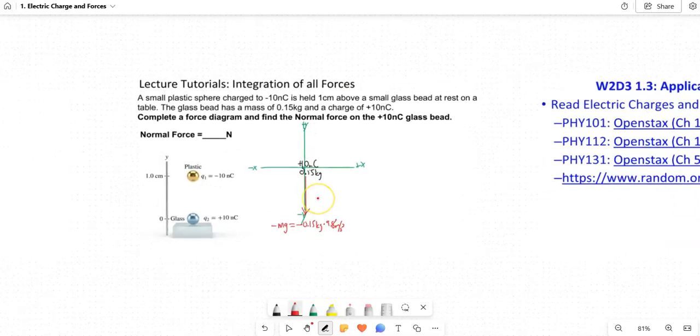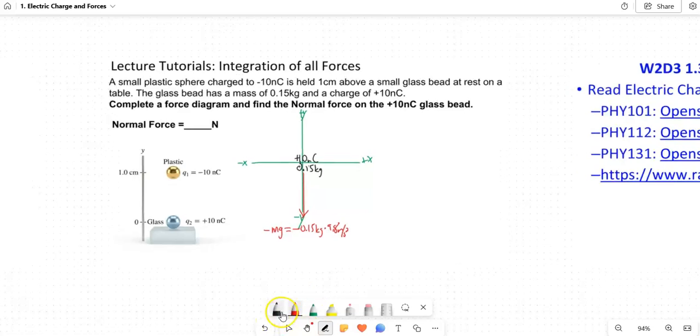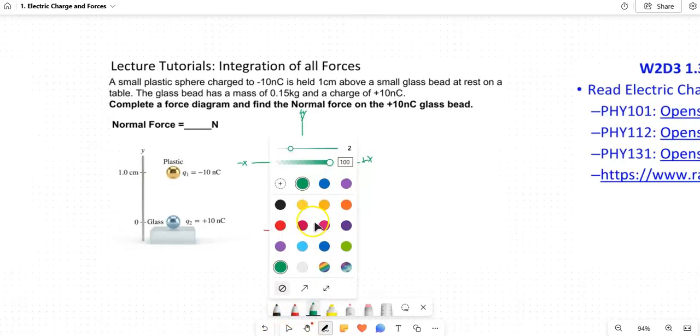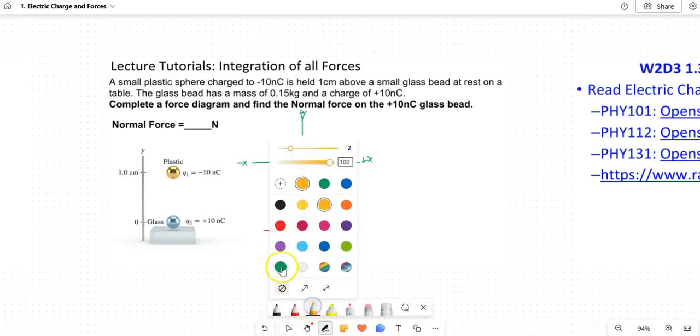Okay, the other non-contact force is the Coulomb force. In this case, we have that kind of orangey gold color bead, Q1, pulling up on our object. I'll make it purple.